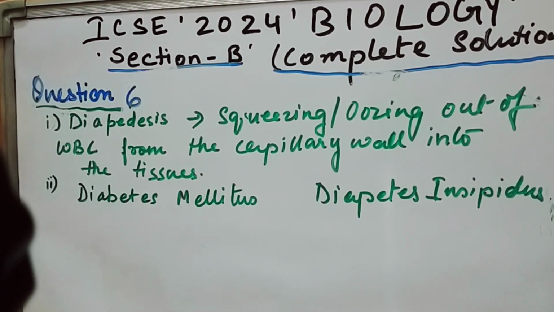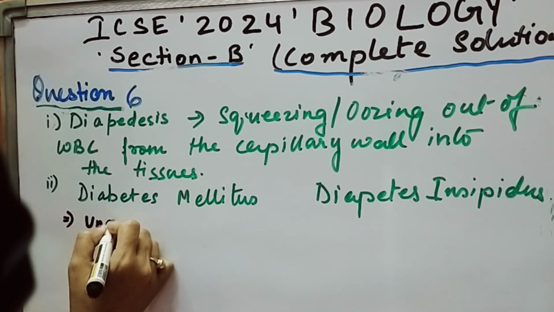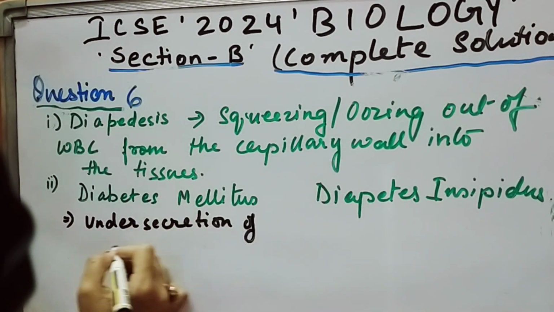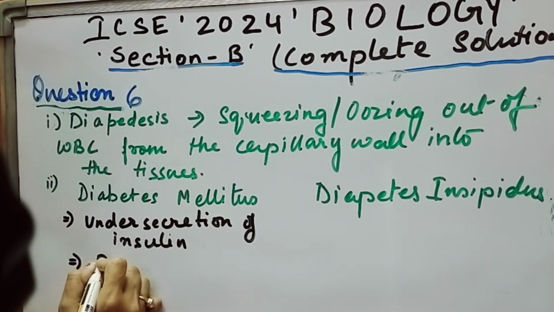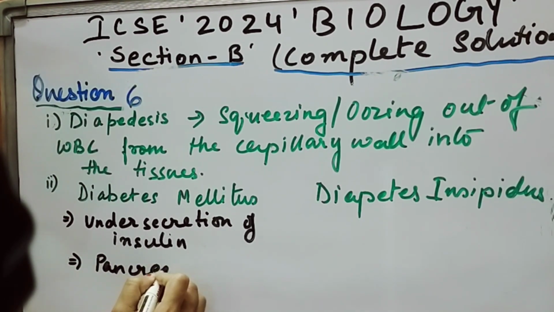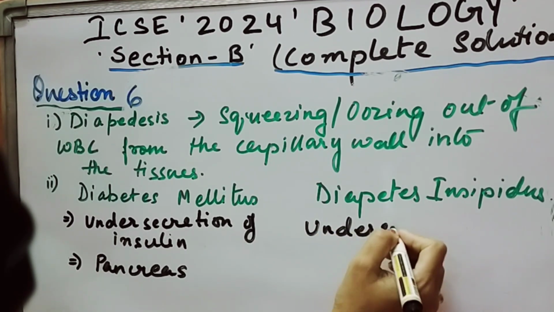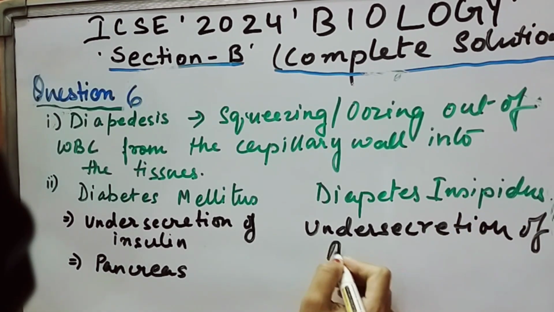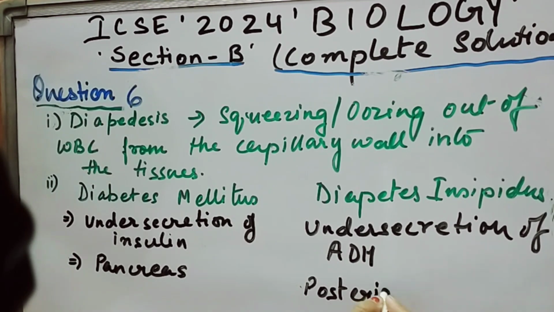The answer is diabetes mellitus is under secretion of insulin, we know, and the gland concerned is pancreas. Here is under secretion of ADH or vasopressin. Gland is posterior lobe of pituitary.